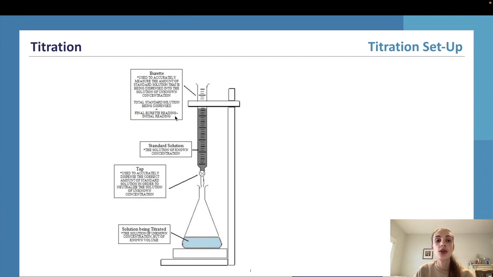And so the total standard solution being dispensed should be equal to the final burette reading minus the initial reading.